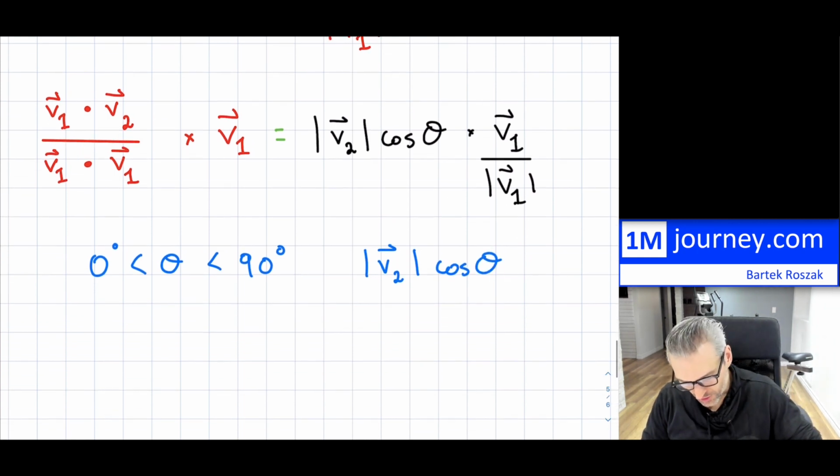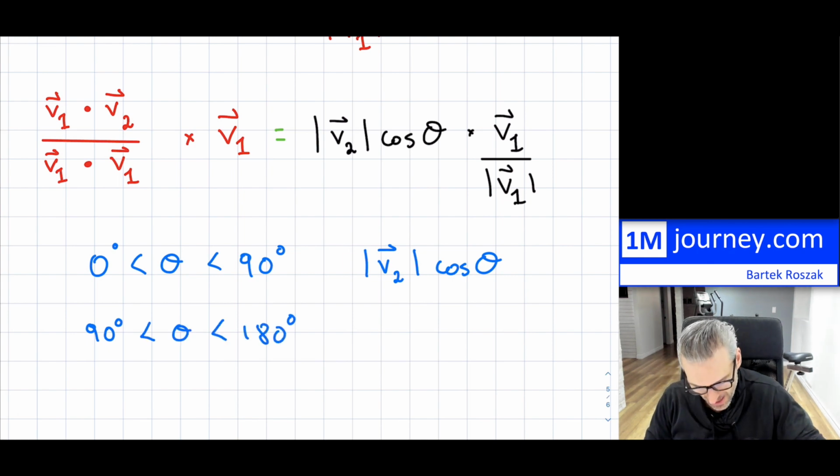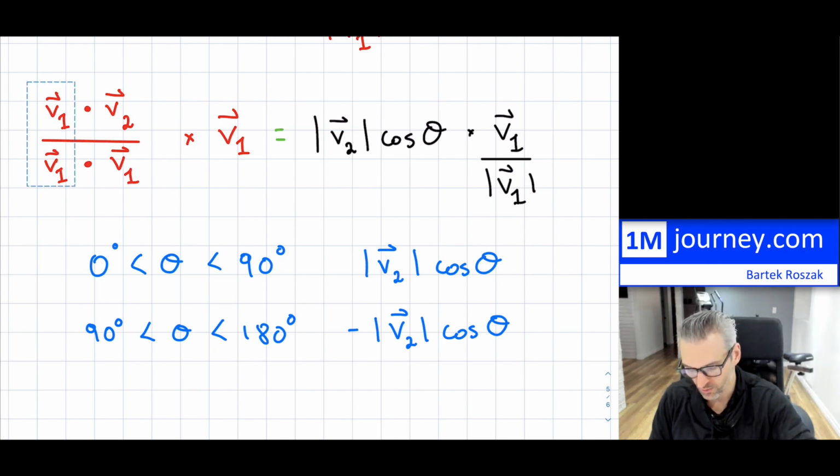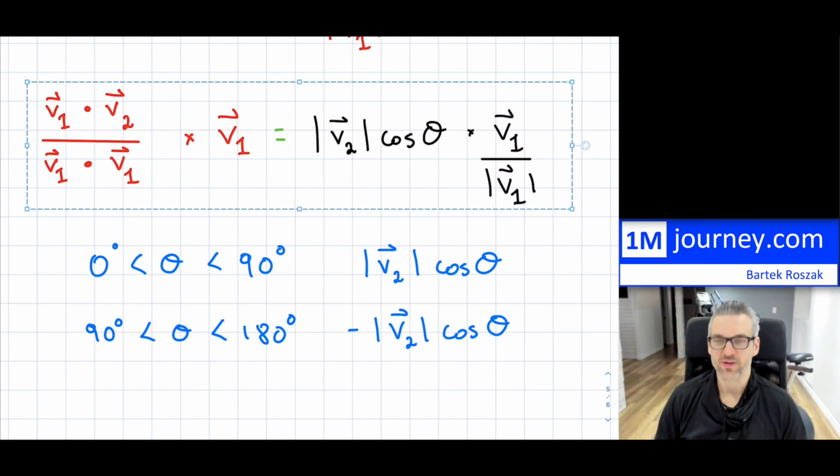But if you're dealing with angles between 90 and 180, then the magnitude is the negative of that. So just be careful if you're only interested in the magnitude of the projection. But if you're interested in the entire thing, lucky for us, those negatives canceled, and we only have to remember really just one formula, which is that.